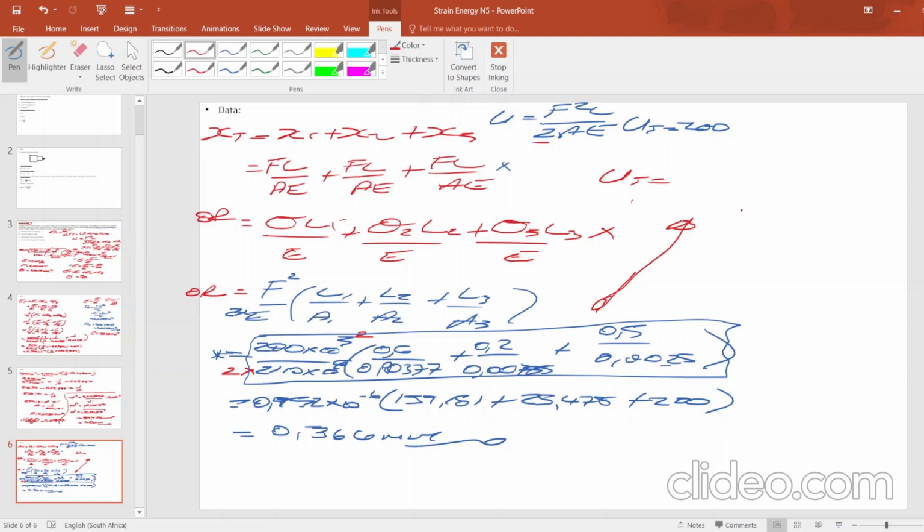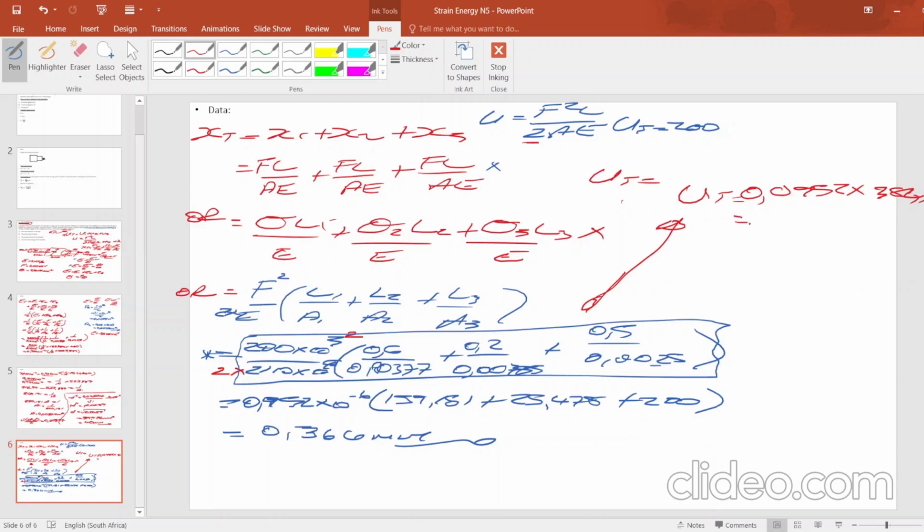Then the answer would be UT equals to 0.0952 multiplied by 384,629. Then we get our strain energy as 36.6 joules.